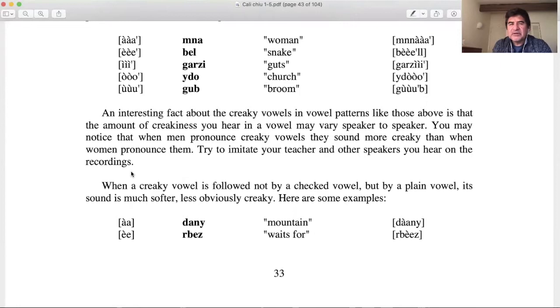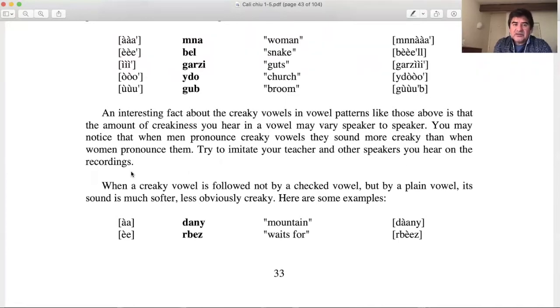And again, going back to this idea that Zapotec, at least Valley Zapotec, and the one that I speak, it really matters about the tones, okay? So the next one is a creaky vowel followed by a plain vowel, and that is pronounced dine, dine.